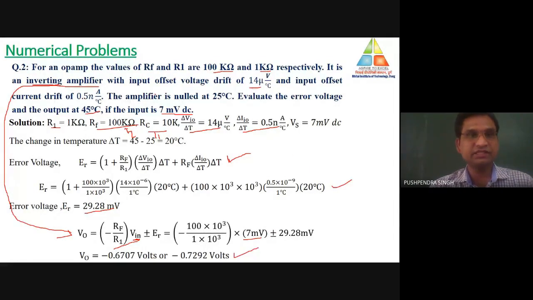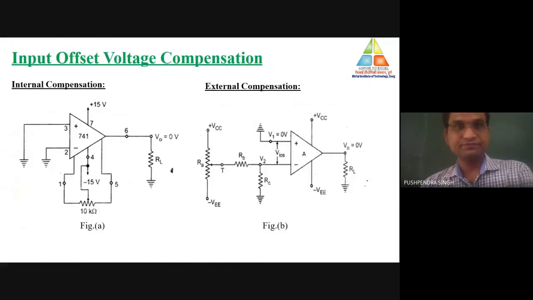Only some basic things you need to remember: which kind of operational amplifier is given, whether inverting or non-inverting, what is the value of initial temperature and what is the value of final temperature, by which you can easily calculate the value. So this is all about voltage shunt, voltage series and thermal drift questions.